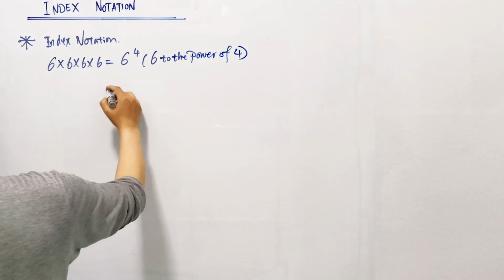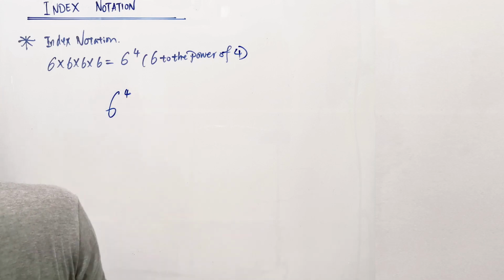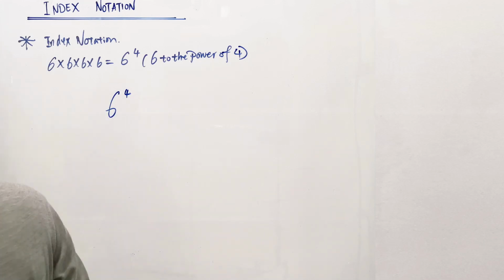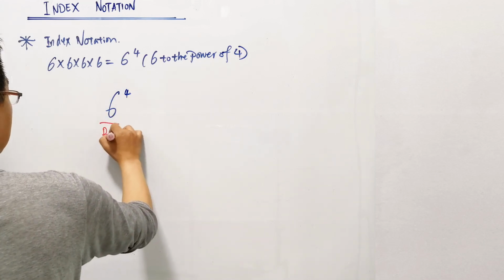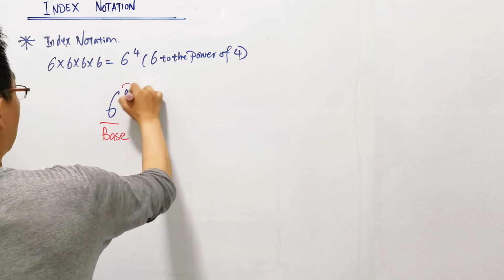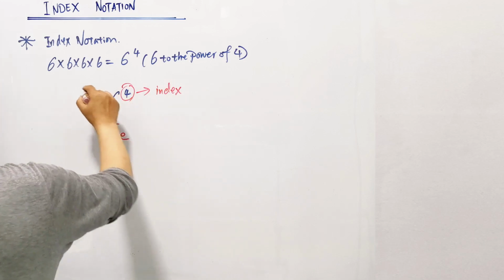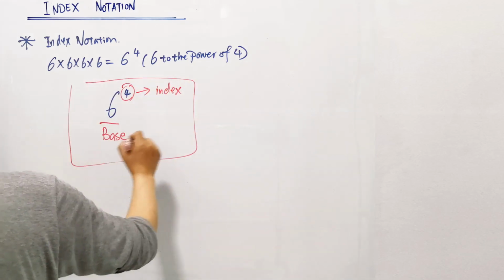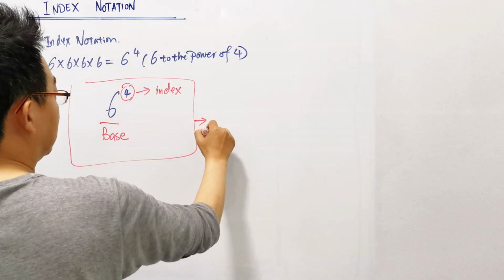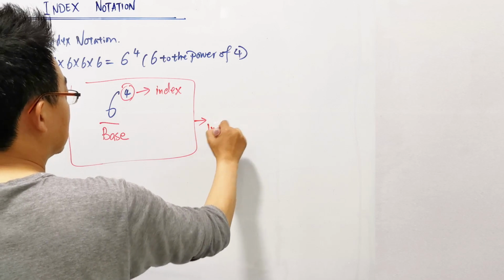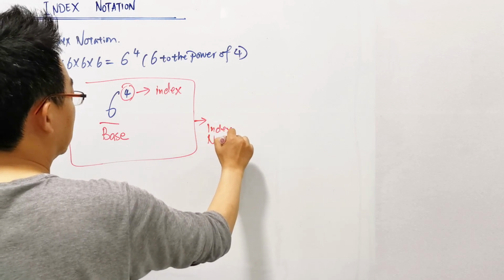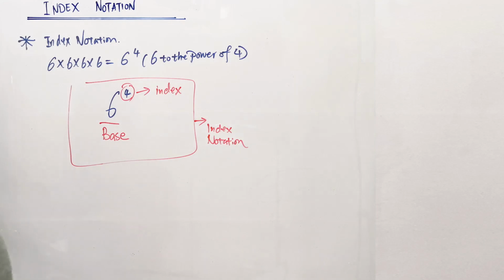So how do we call these numbers? We call 6 the base. What about 4? 4 is the index. The whole thing we call index notation.